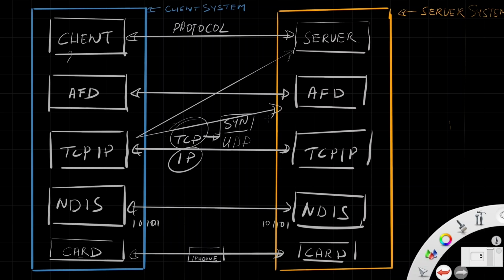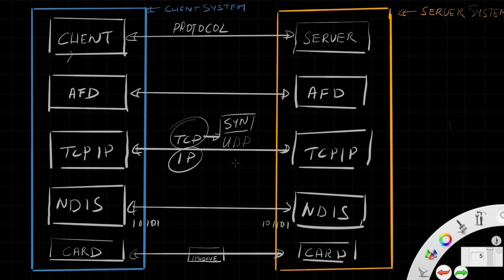It doesn't understand. So does NDIS. A SYN packet is just ones and zeros for NDIS. NDIS doesn't care about SYN or SYN-ACK or anything. It only cares about ones and zeros. So the only one who can understand a SYN packet here is the TCP/IP on the other side. So that is where the protocol comes into the picture. The only one who understands you is the peer on the other side.